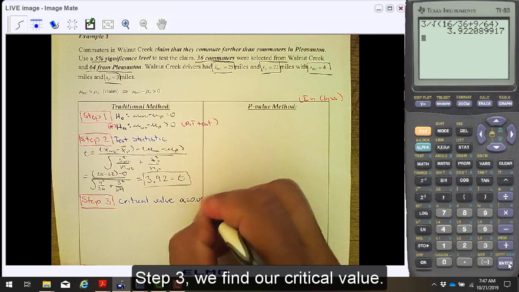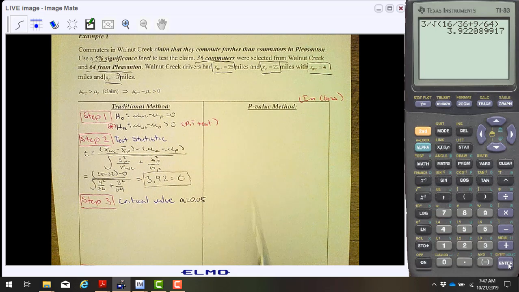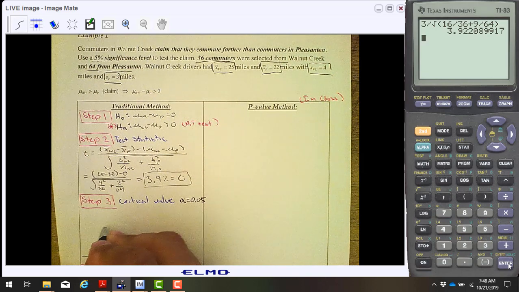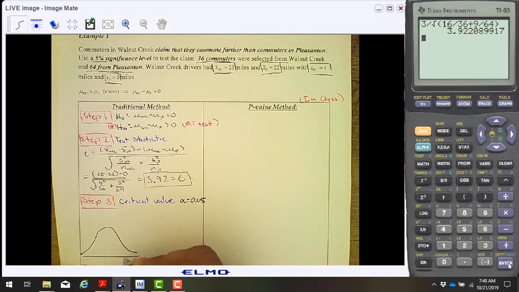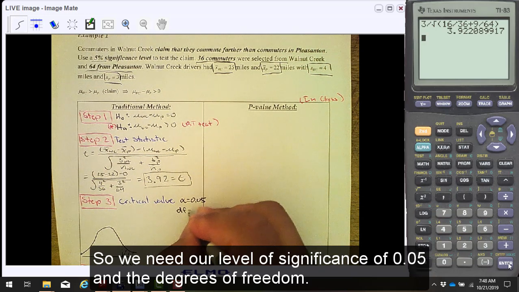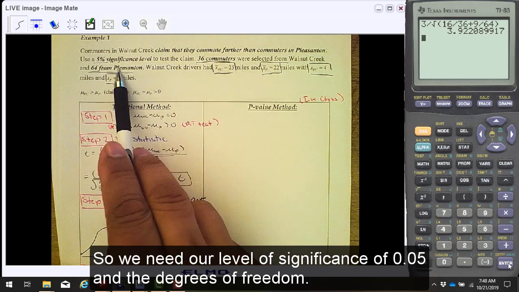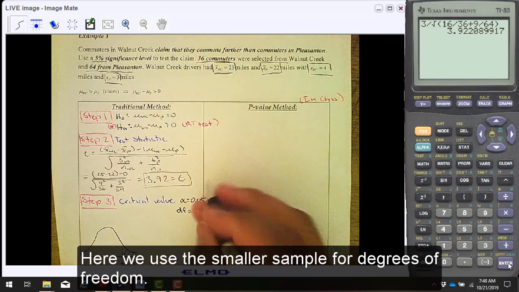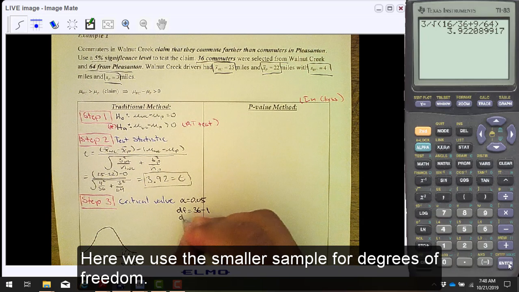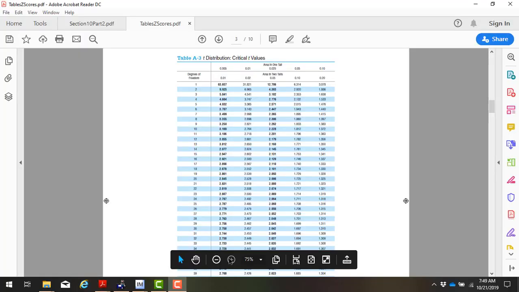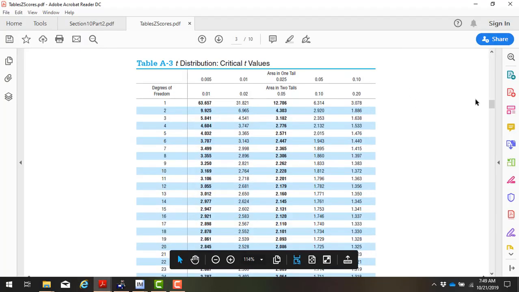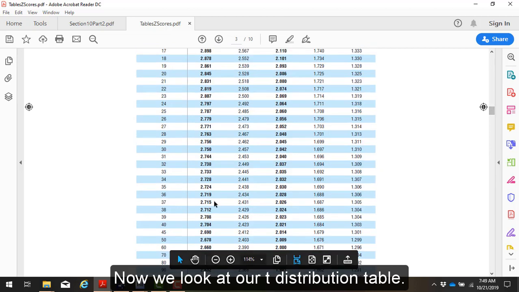Step 3, we find our critical value. So we need our level of significance of 0.05 and the degrees of freedom. Here we use the smaller sample for degrees of freedom. Now we look at our t-distribution table.